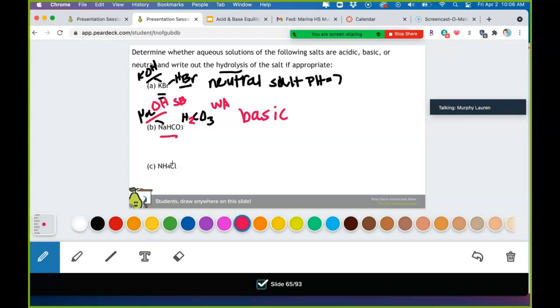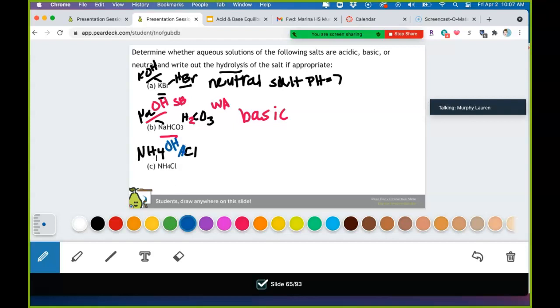Ammonium chloride. +1, -1. Ionic. So it's a salt. So I have NH4 plus and I have Cl minus. And again, I'm not writing the charges because I'm going to throw something with it. I'm not going to just leave it as NH4. So I put the OH minus with the NH4 plus, and I put the H plus with the Cl minus.